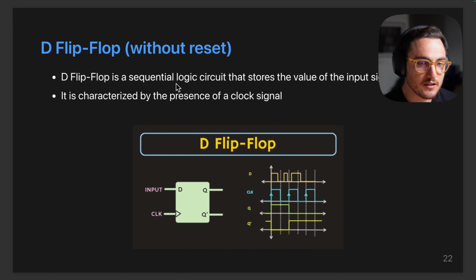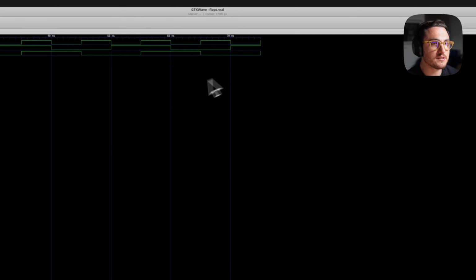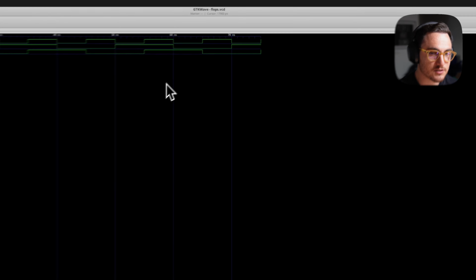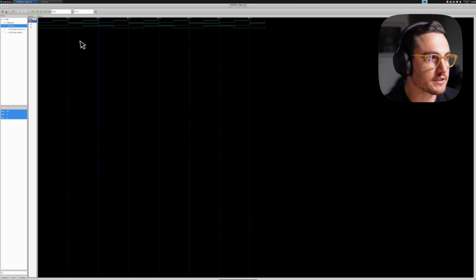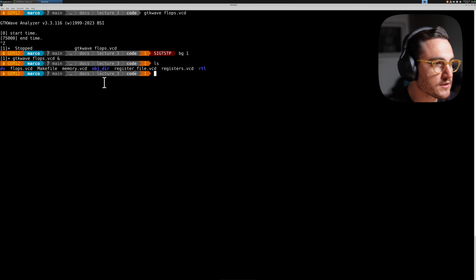And you can see it here in the code base associated with this lecture that you can download at the link below. If you go on the terminal and you go into the repo under docs lecture 3 code, you will find an RTL and DV folder with a makefile.